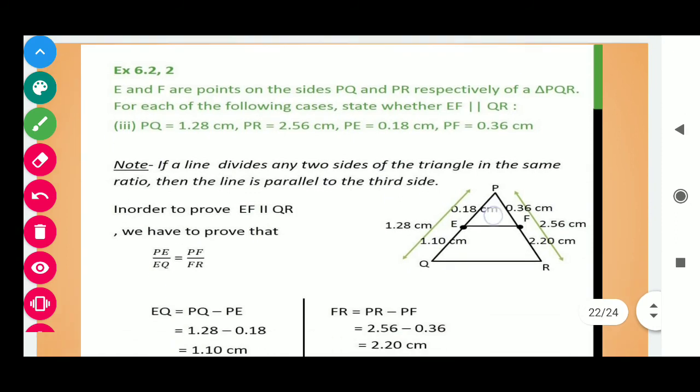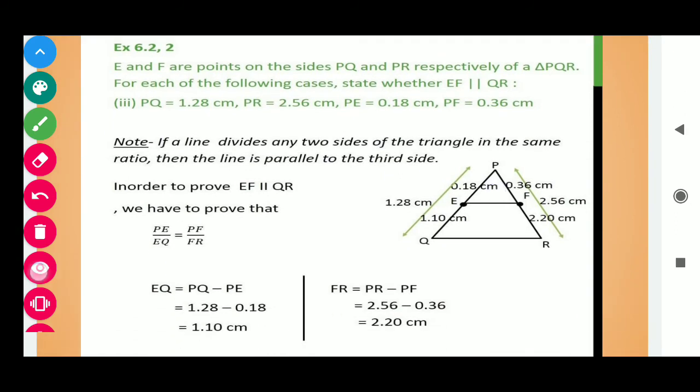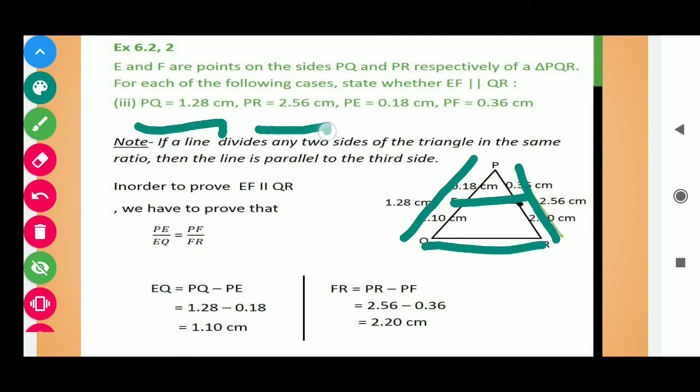Now students, next we have E and F are the points on the sides PQ and PR respectively of a triangle PQR. For each of the following cases, state whether EF is parallel to QR. So here, students, you can see PQ is 1.28 given, PR is 2.56 centimeter given, PE is 0.18 and PF is 0.36.